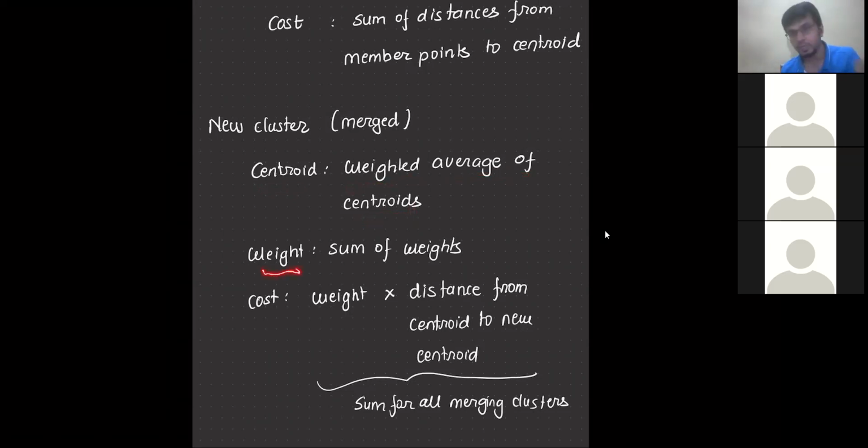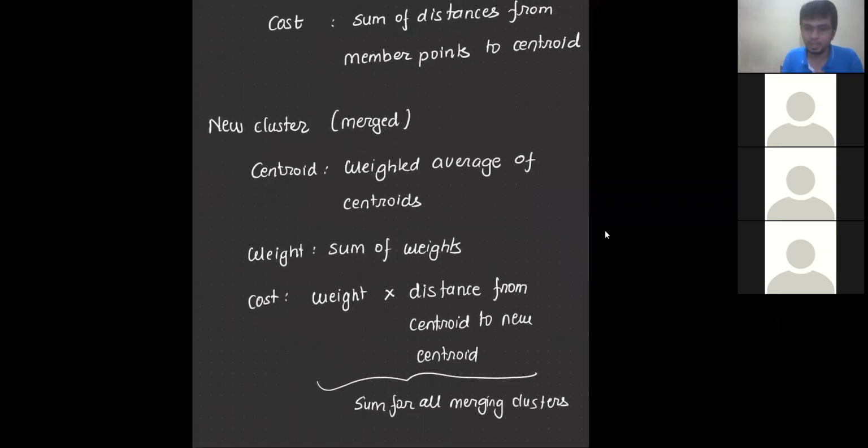The total weight of this new cluster will be equal to the summation of the weights of the two clusters, and the total cost of the new cluster will be the weight multiplied by the distance from the centroid to the new centroid. Because the other data points are discarded, you only have the centroid, the weight and the cost information for what it represents.